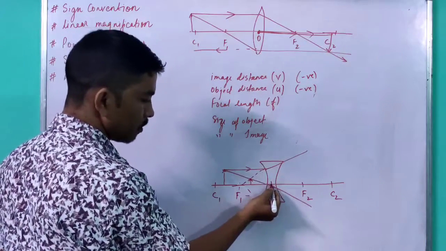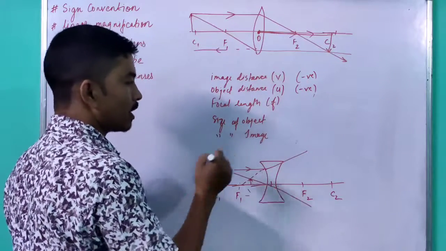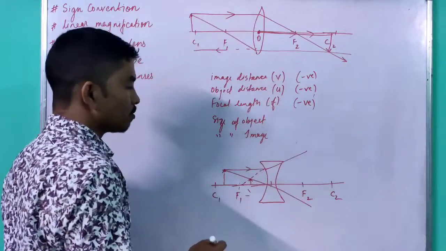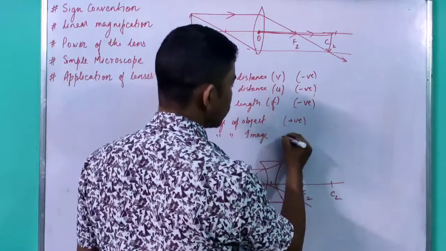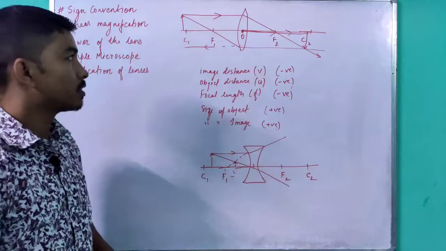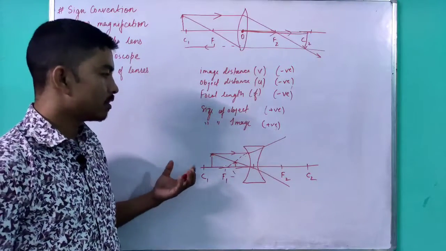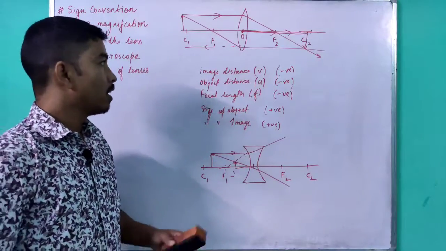The focal length here is also measured opposite to the direction of the incident ray, so that will also be negative. The sizes of the object and image are both above the principal axis, so both will be positive. It is so simple. You just have to understand that anything measured against the direction of the incident ray is negative and along the direction of the incident ray is positive.